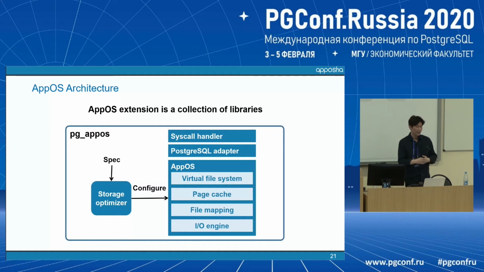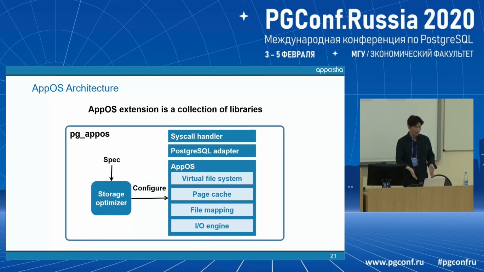The next part is the PostgreSQL adapter. The main role of this adapter is extracting internal information, like which process is a backend process, checkpointer, vacuum worker, or stats collector, and also which file is a WAL file or a data file. It passes that information down to the AppOS core.